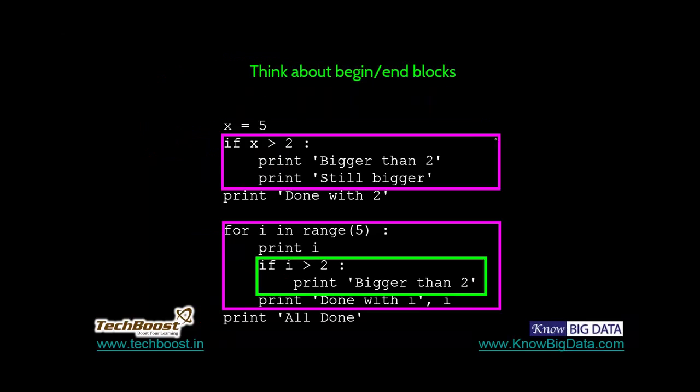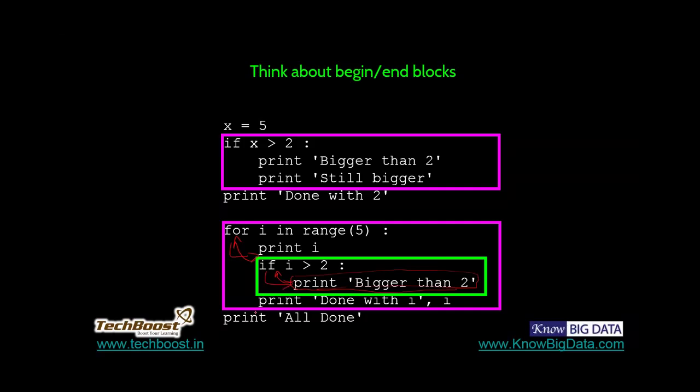Alright, okay. Think about begin and end blocks. This is what we're talking about. This green block, this complete block, is under for, and this piece of code, a single line, is under this if itself. So this has 4 spaces indentation.